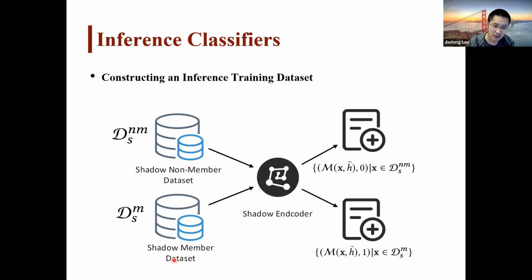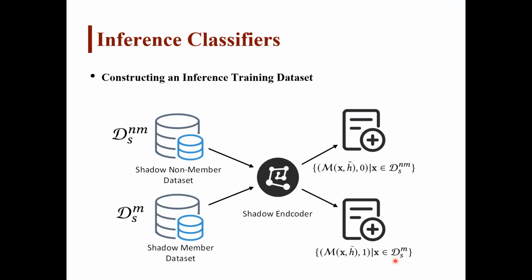For the member, the shadow member dataset is used to train this shadow encoder, so we have their similarity scores and we want the label 1. That means that these similarity scores are trained to leak some information. The split is just a random split.